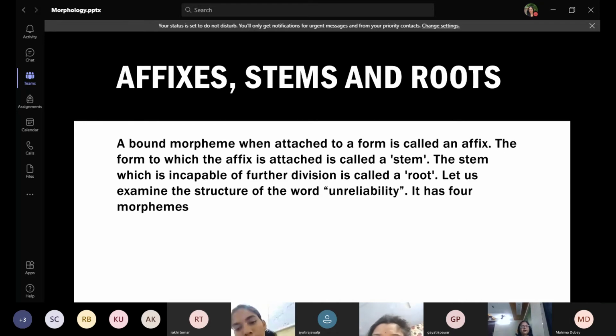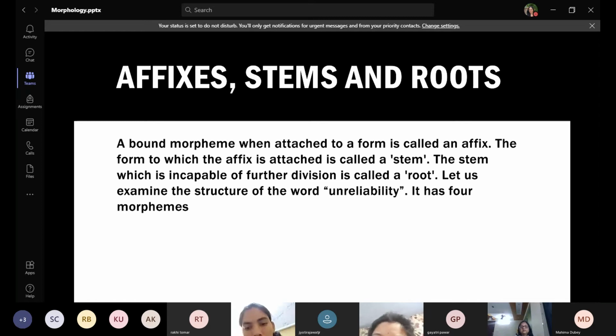If it is further divided, it will not have any meaning. Actually, it is just some phonemes. Sing, if you divide it like S, I and then NG, now S and NG don't have any meaning. So it is not a root. Sing is a root. Run is a root.